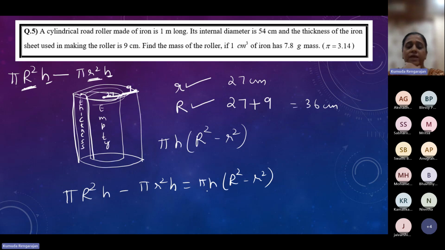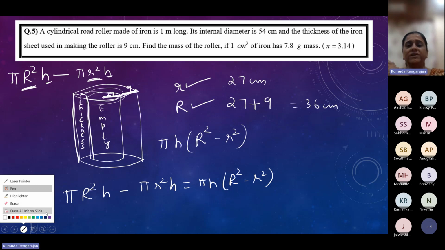This is the formula. So once you find the volume, multiply by 7.8 to get the mass of the roller. 1 centimeter cube of that volume has a mass of 7.8 grams.